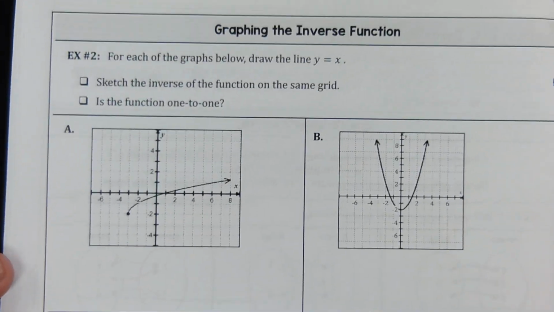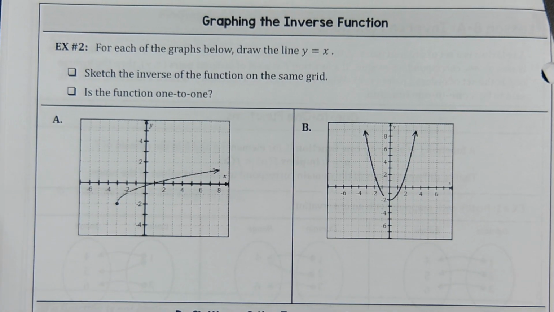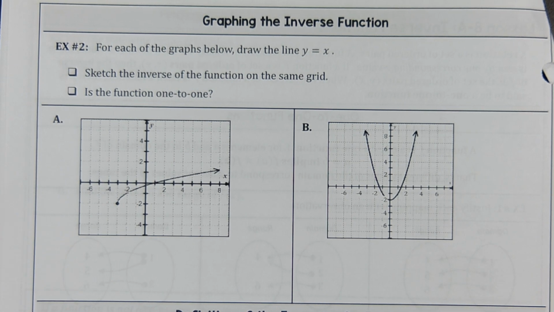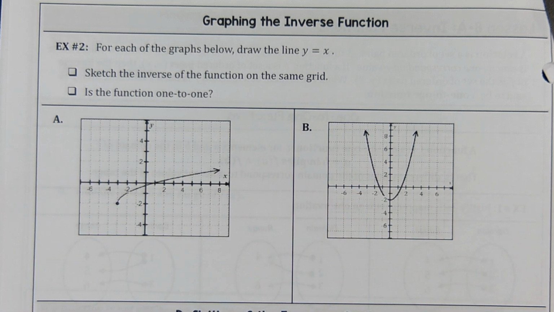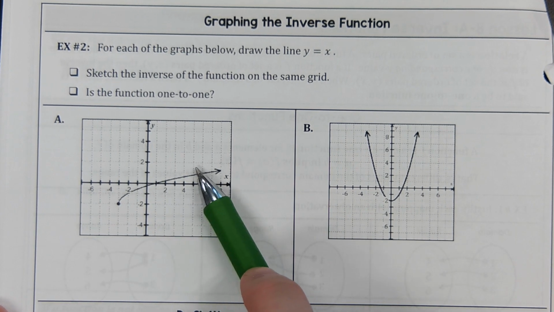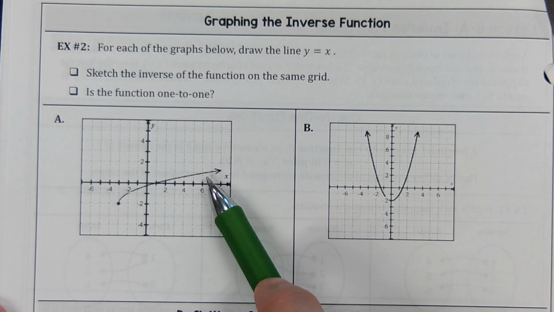For each of these, what we're going to do is draw the line y equals x, and I'll draw it as a green dotted line. We're told to sketch the inverse, and then it says, is the function one-to-one? We can answer that without doing anything, just by looking to see if the graph passes the horizontal line test. Does this graph pass a horizontal line test? Yes, it does.